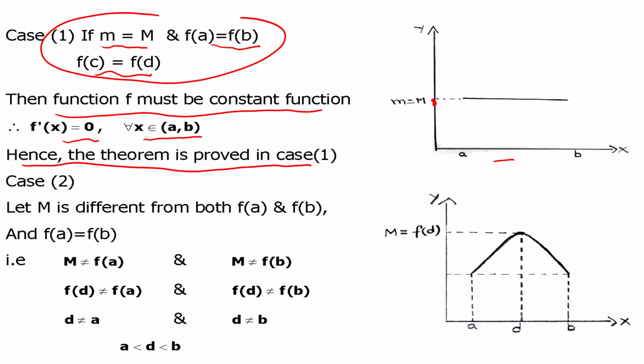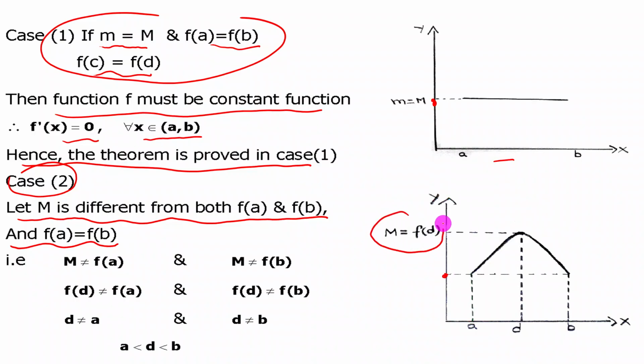Now consider case 2. Let capital M be different from both f(a) and f(b), and f(a) equals f(b).